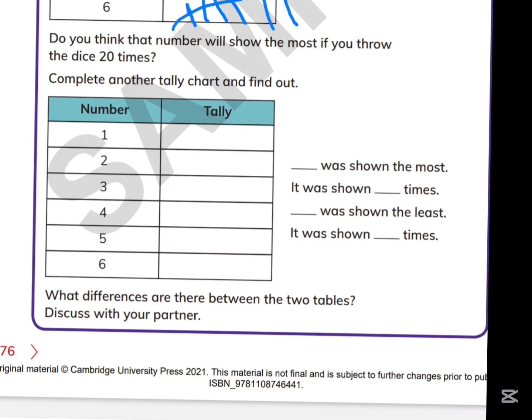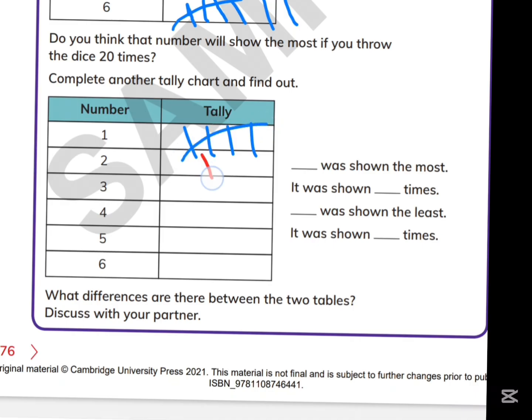Okay, the second question is, do you think that the number will show the most if you throw the dice 20 times? Complete another tally chart and write. 1 comes 5 times. We will write by ourselves.